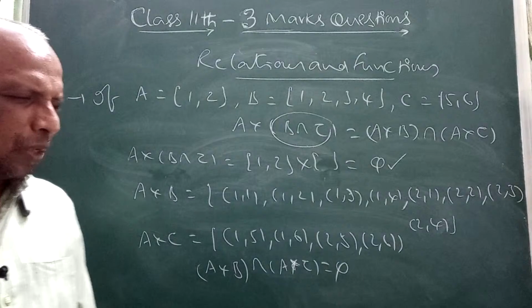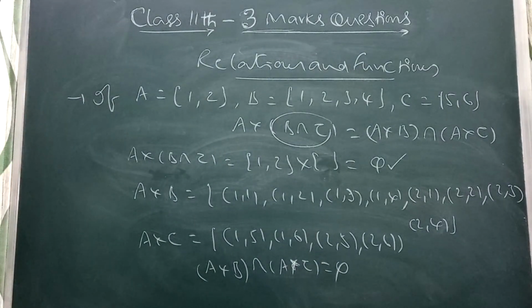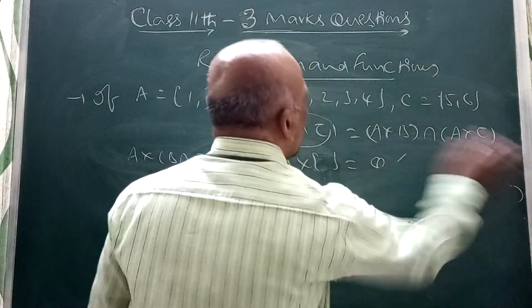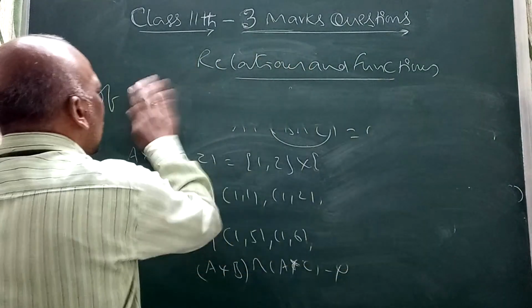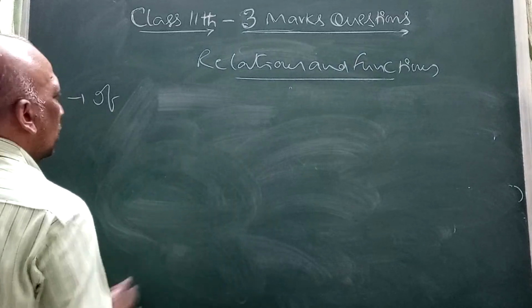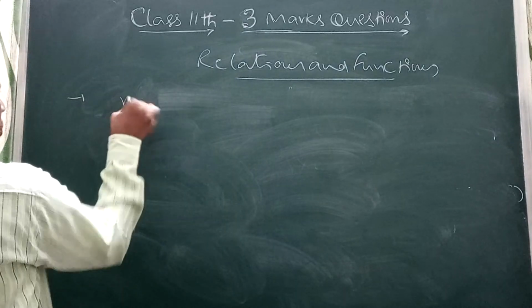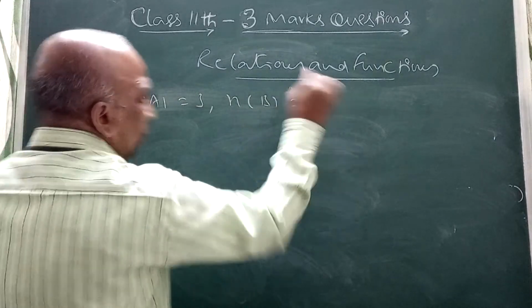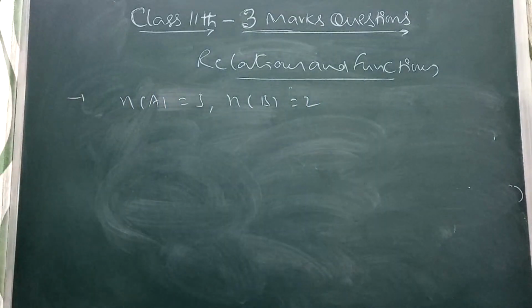Now, another question here. Suppose they give n(A) is equal to 3 and n(B) is equal to 2. That's a simple problem. They mention the number of elements of B is 2.